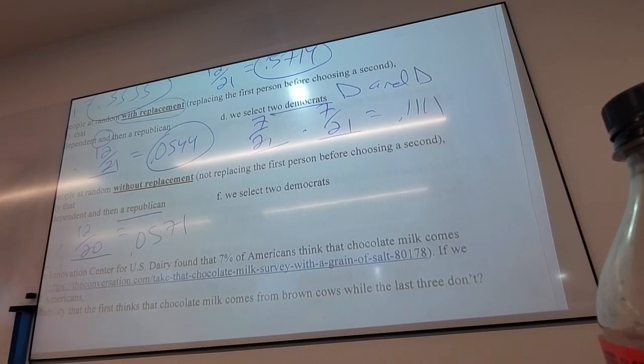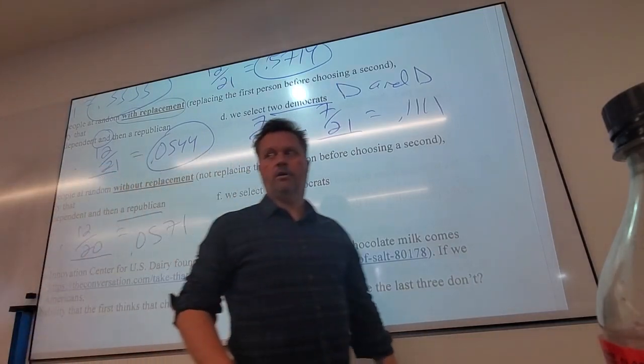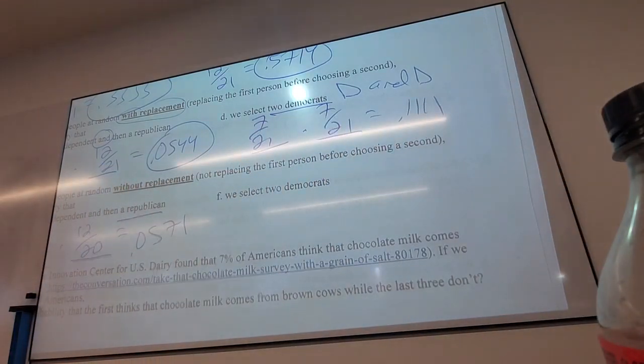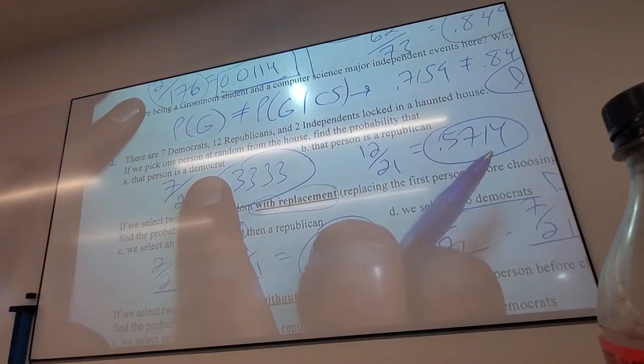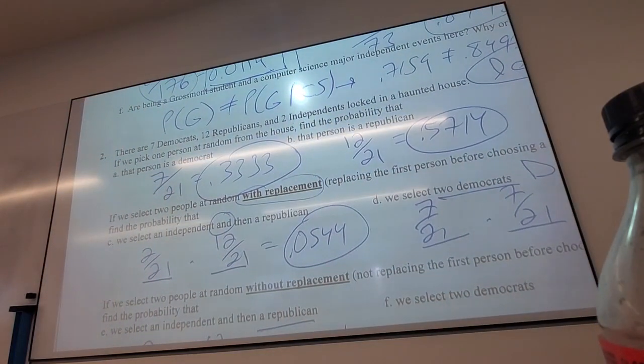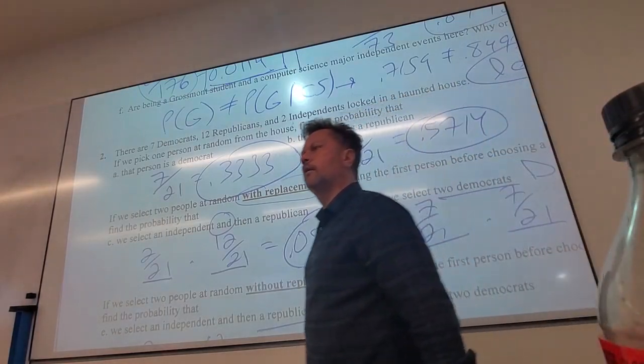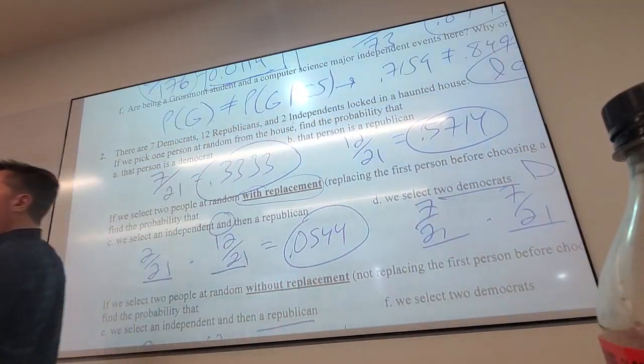You guys okay? Real quick, do you understand if a person said the probability of a Democrat is 1 out of 7, what is that person thinking? They are completely wrong. Oh, that the total was 7. So they're like, I'm picking 1 Democrat out of 7.